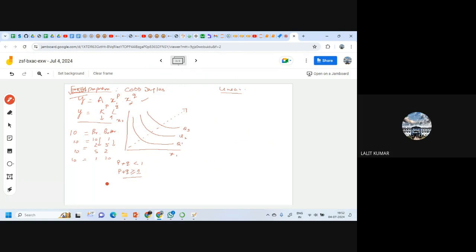Now in the linear case, y is equal to ax1 plus bx2, and this is the production function, not the cost function. When we draw the production function, it looks like this.